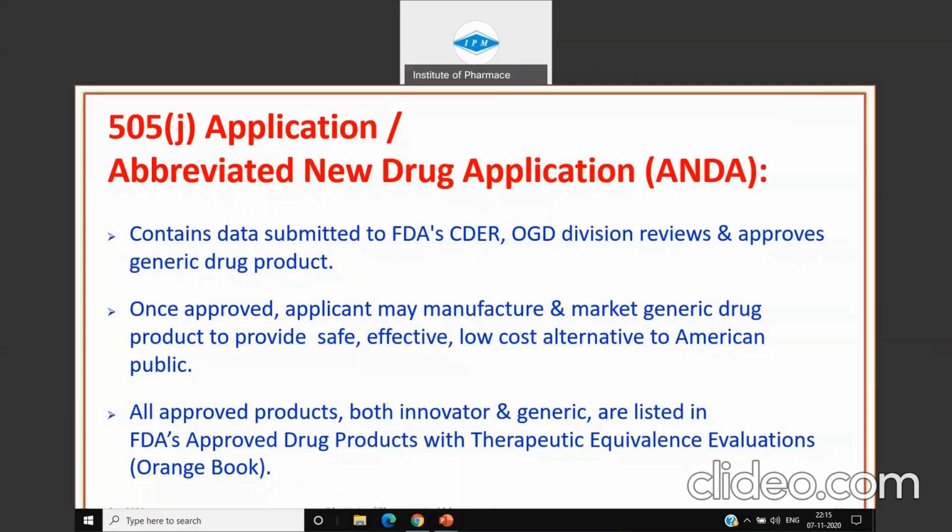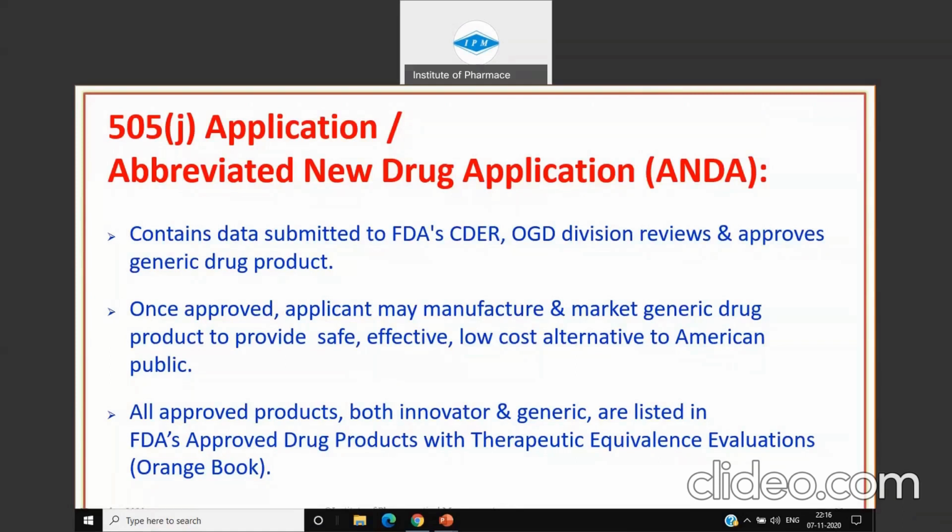Hence, the animal studies and the clinical studies need not be repeated by the generic applicant. They just have to do the quality part and the BE part and give it to the agency for approval. Hence, their research cost is much lower. The development cost is much lower as compared to an NDA applicant.